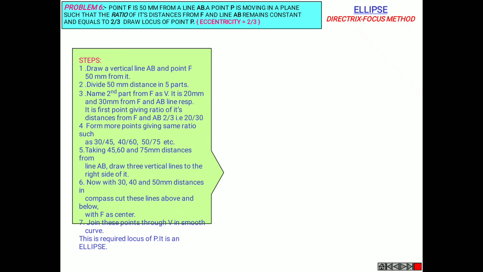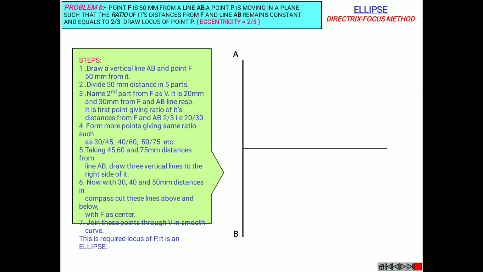Okay, we'll see the diagram. This is actually called a directrix focus method. The vertical line AB is called directrix and the horizontal line is called focus.